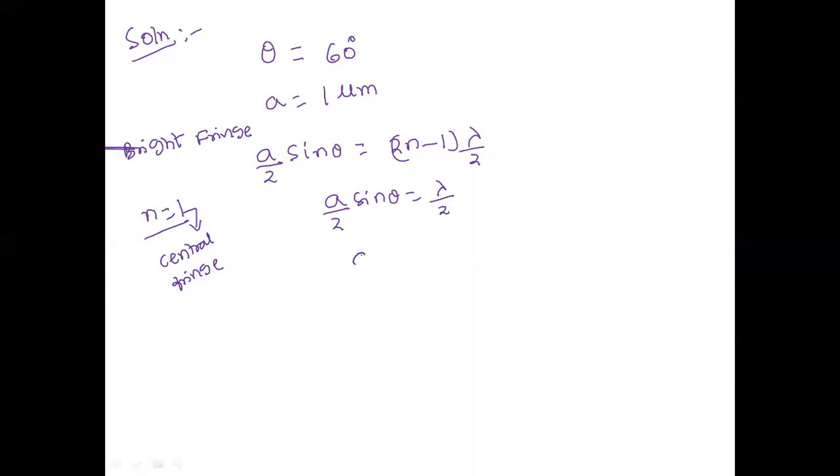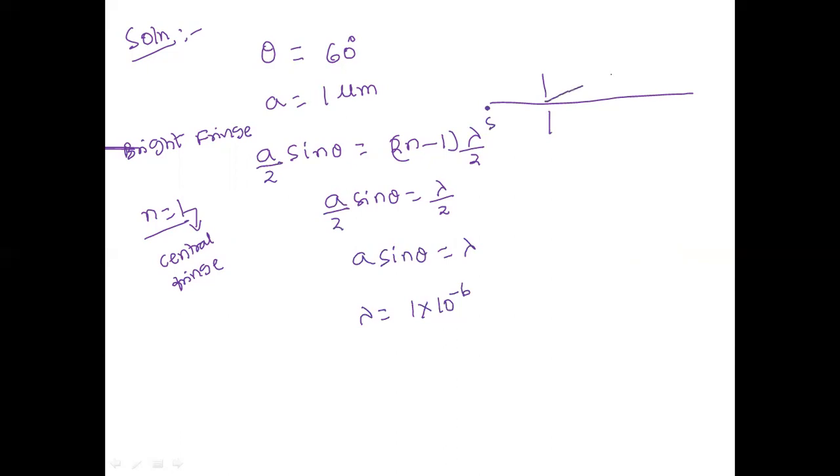That is A sine theta is equal to lambda. So lambda equal to A, and you can see this is the source and this is the slit.